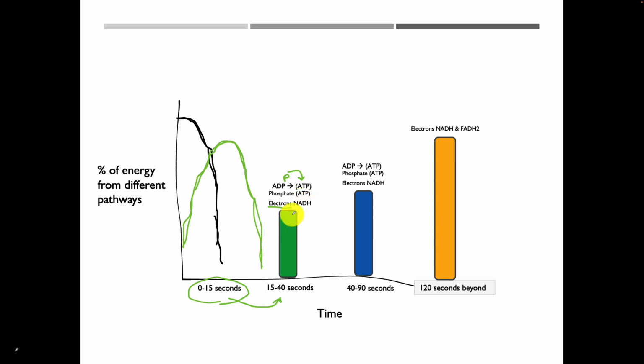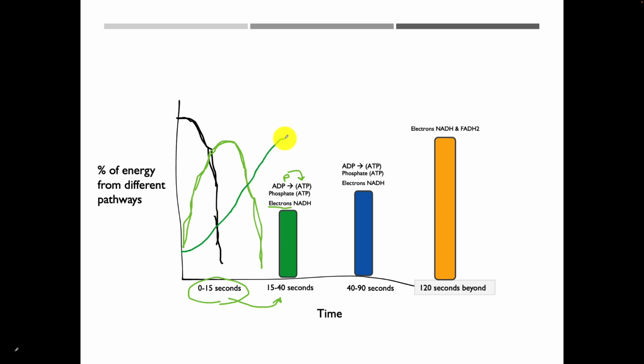So anaerobic glycolysis, that kind of looks like this. Anaerobic glycolysis is dark green. So if we exceed the ATP-PC system, what happens is anaerobic glycolysis will start to ramp up right about like this.